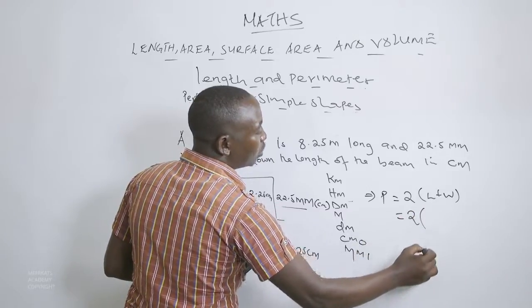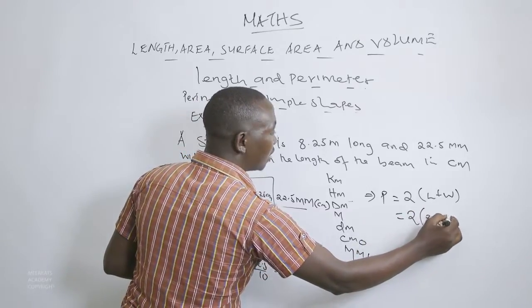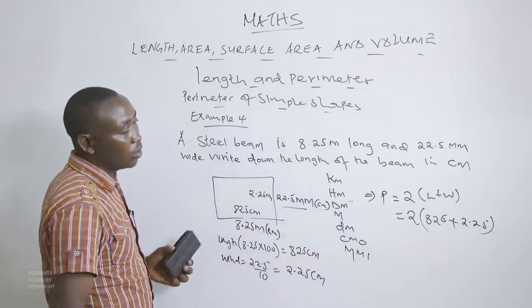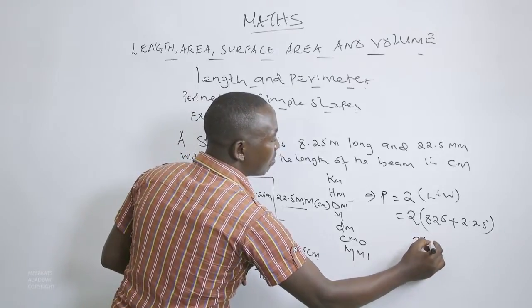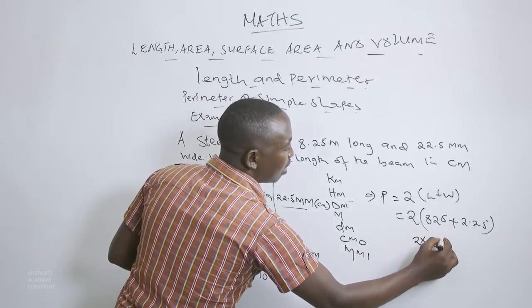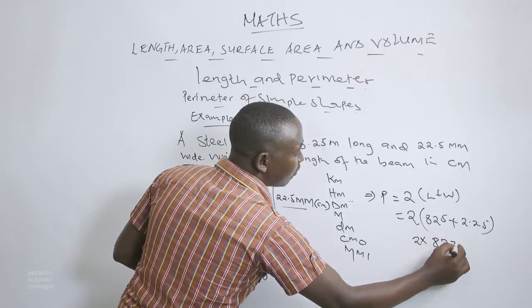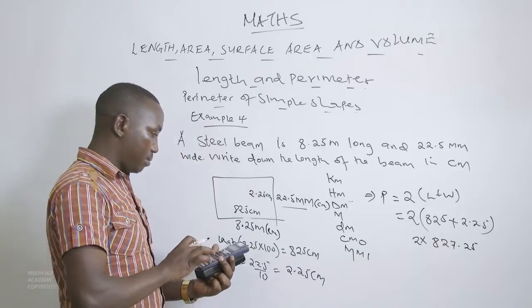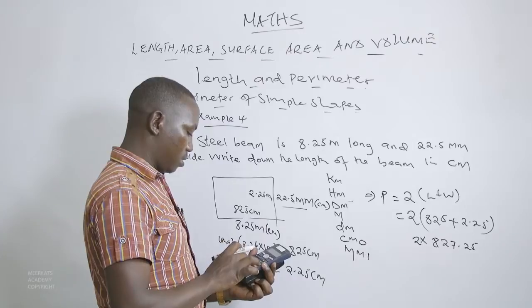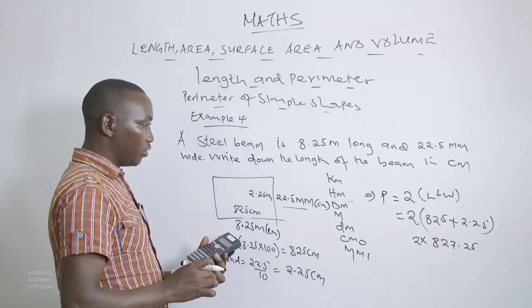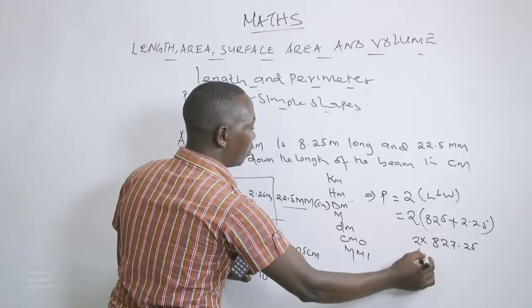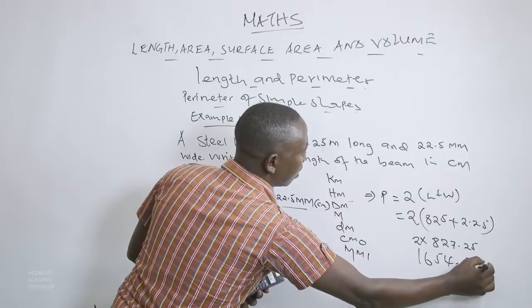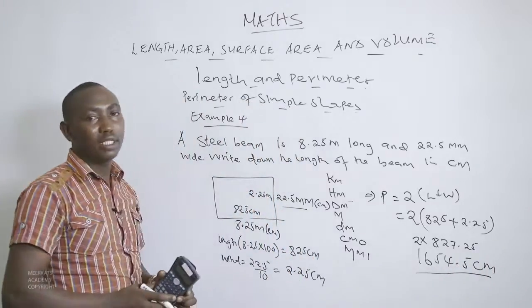So in this case, this will be 2 into 825 centimeters plus 2.25 centimeters, which will have given us 2 multiplied by 827.25. 827.25 times 2 will have given you 1,654.5, and the units are in centimeters.